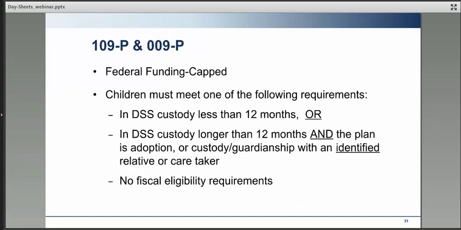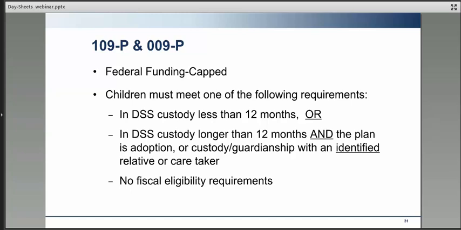Now, a new code, P for 109 and 009. It's federally funded. It is a capped pot of money. It is usually a relatively small pot of money. However, it can be very helpful. But it has to be used in very specific situations.